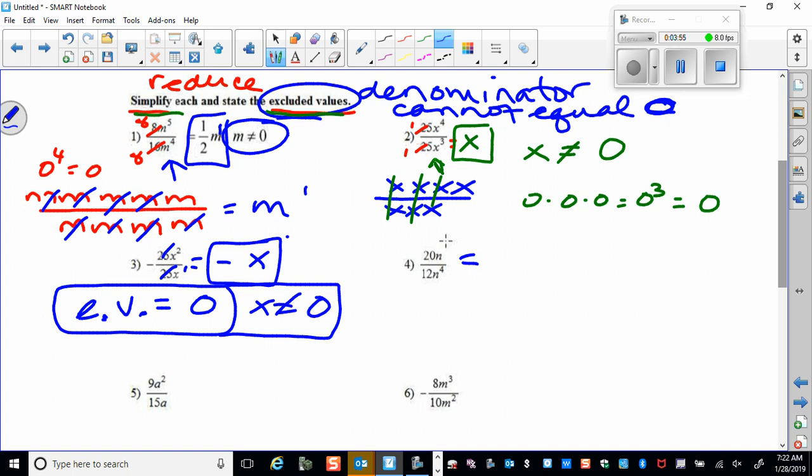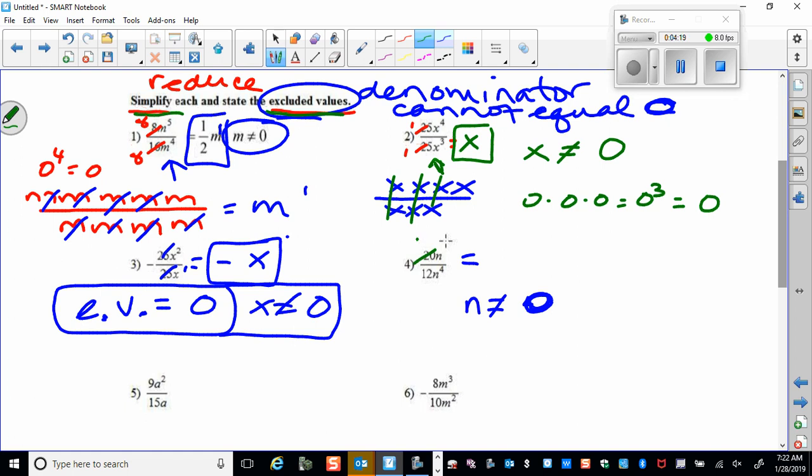So coming down here, if I look at my excluded value first, I'll look at the denominator. So n cannot equal, not 4, n cannot equal 0. All right, and then now I'll start reducing. 20 and 12 are both even, so 2 goes into it. I know 2 is a factor, and if 2 is, then 4 might be a factor, and 4 is a factor.